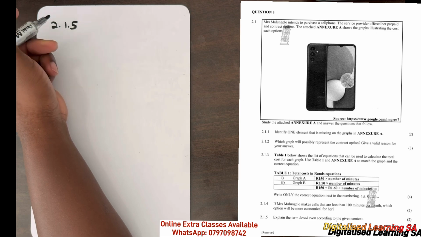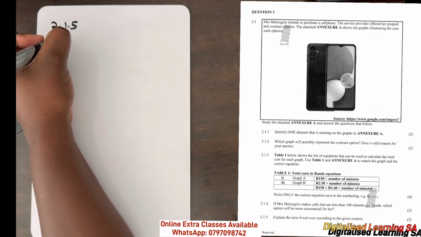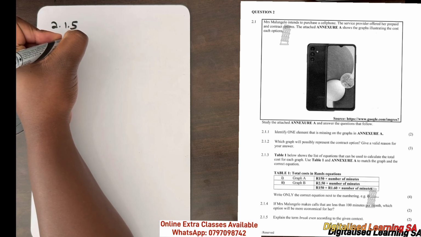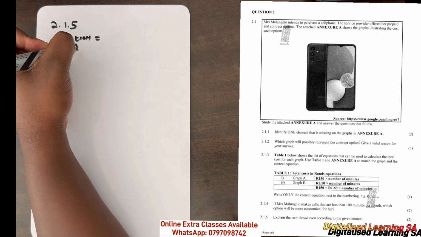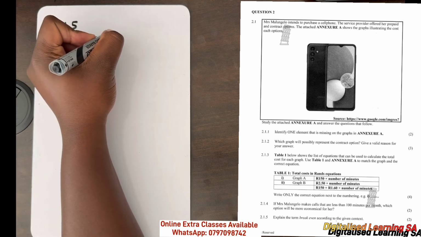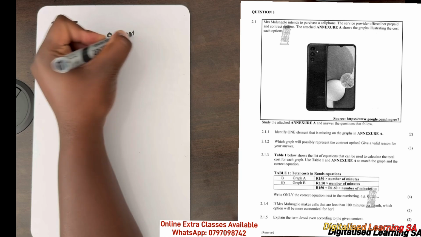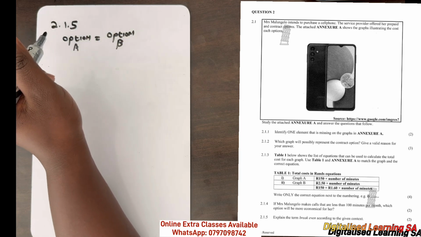This means that either option will have the same cost. So if you use option A, you will spend the same cost as using option B. So they are both equal. That's what break even means.